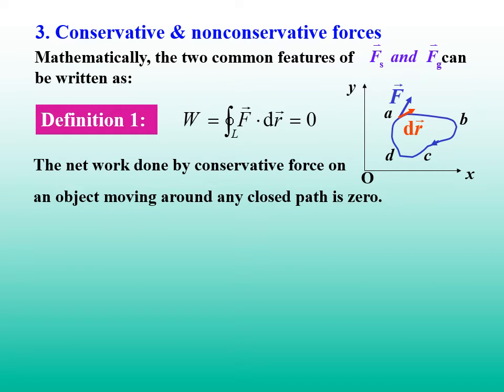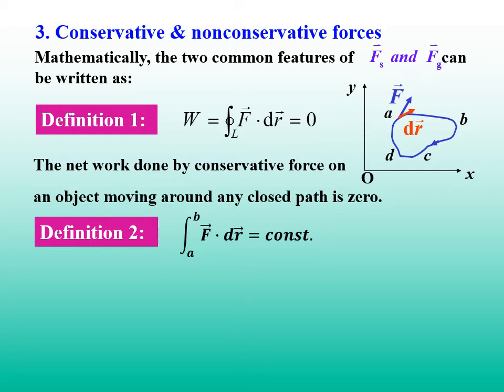If the work, the integral of F dot dr around a closed path L, equals 0, we say the force F is a conservative force; or we say the net work done by a conservative force on an object moving along any closed path is 0.